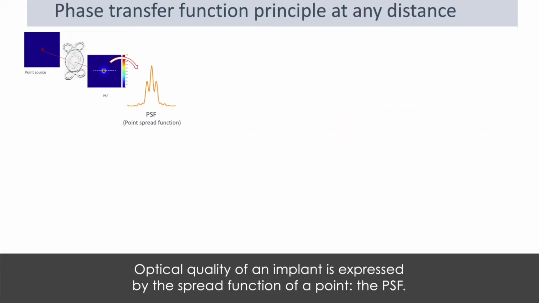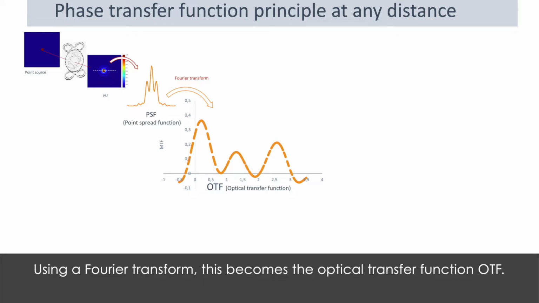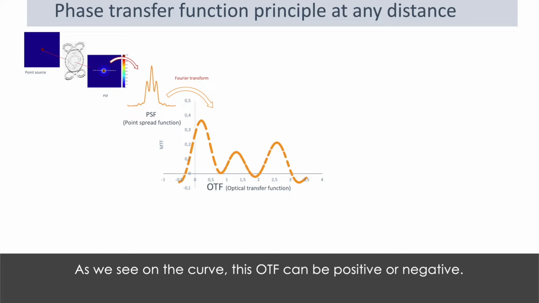Optical quality of an implant is expressed by the point spread function, the PSF. Using a Fourier transform, this becomes the optical transfer function, OTF. As we see on the curve, this OTF can be positive or negative.